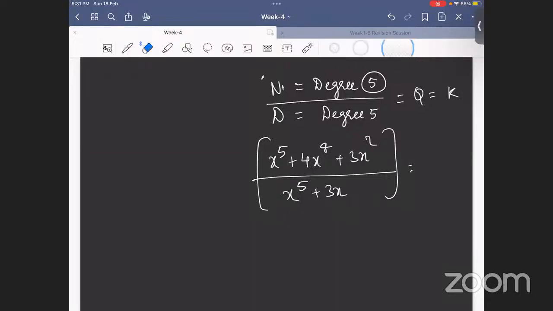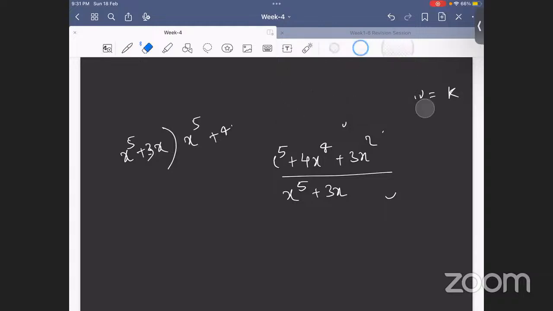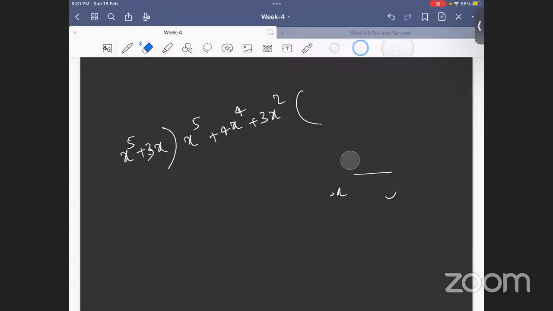The quotient will always be a constant number. Why am I saying the quotient is always constant? Because see, if you are dividing x to the power 5 plus 3x into x to the power 5 plus 4x4 plus 3x square, what should I multiply here for the first term? 1, right?